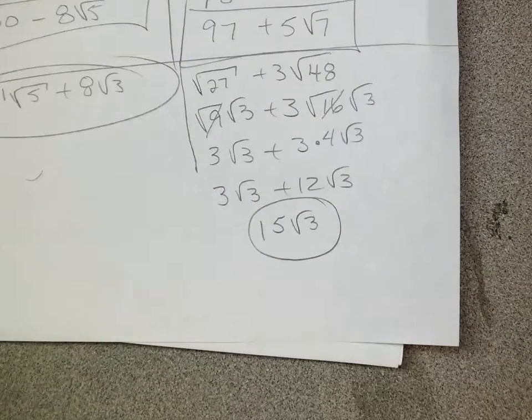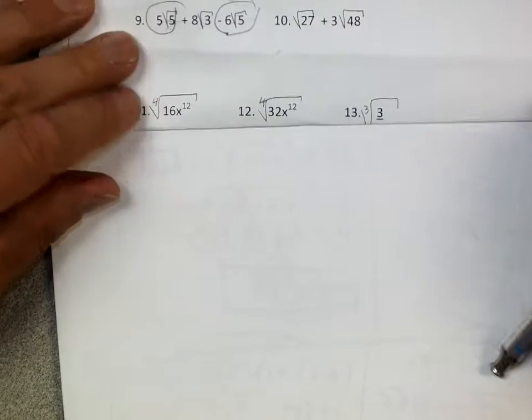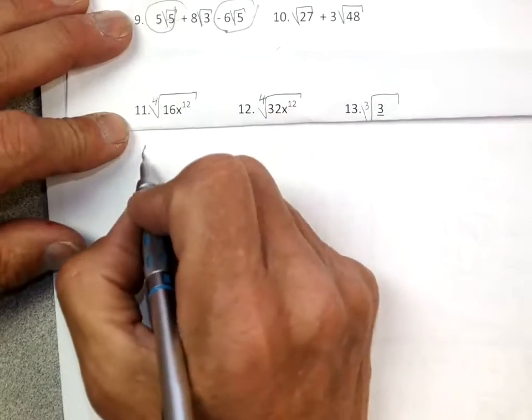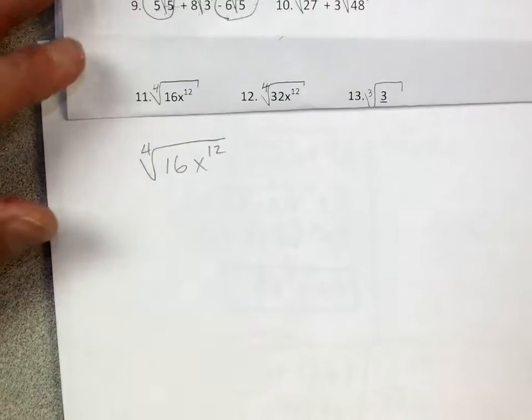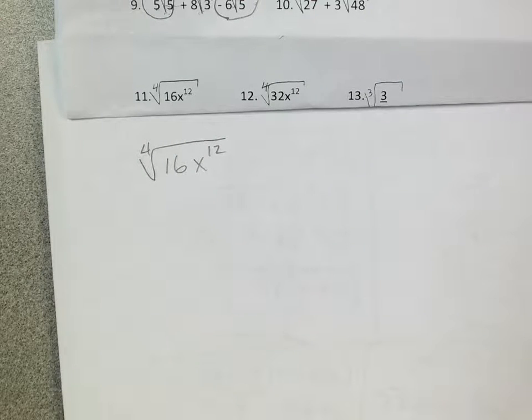All right, let's look at number 11. Okay, 4th root of 16x to the 12th. Now if it's 4th root, we've got to think, what times what times what times what makes 16? 2.